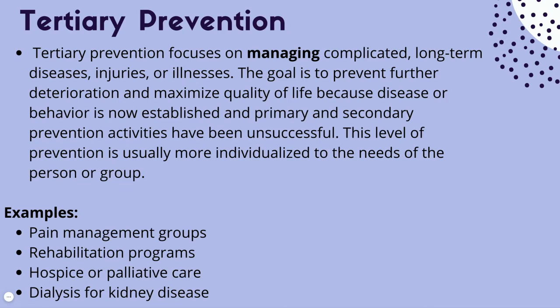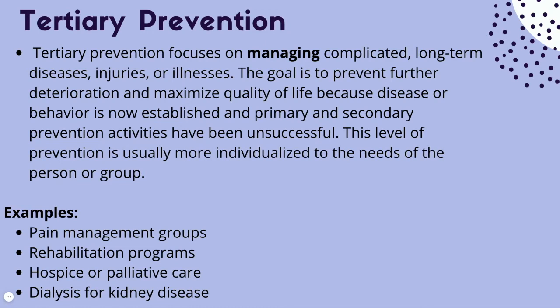So with primary, remember, it was targeted at the general population. Secondary, there's still some things we can do. But at the tertiary level, it's definitely more individualized because people are going to have complex needs that we need to address.